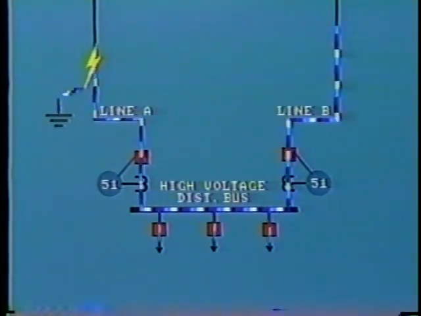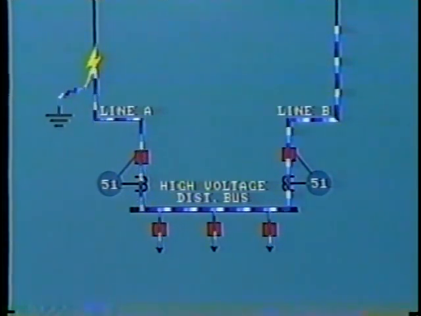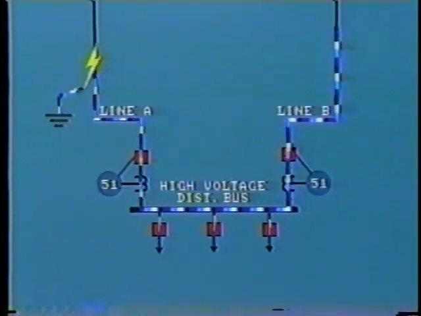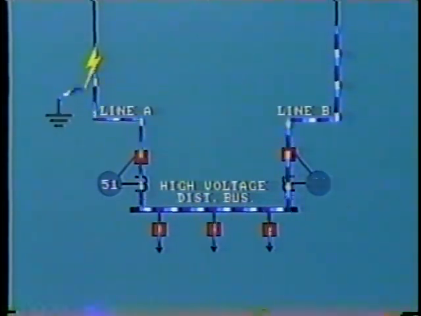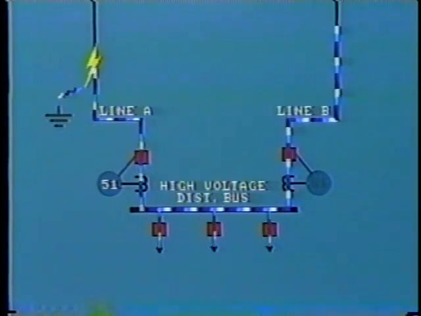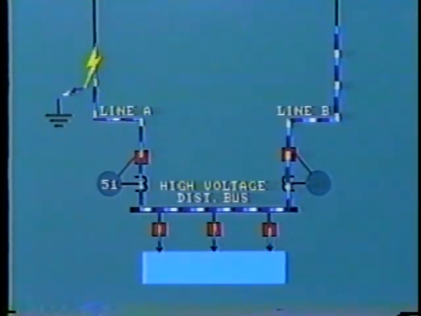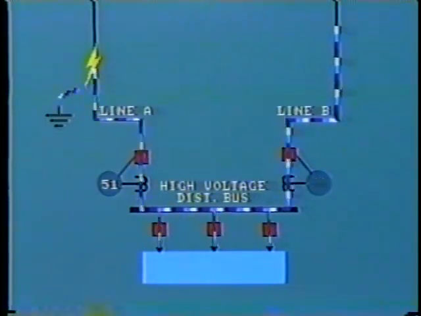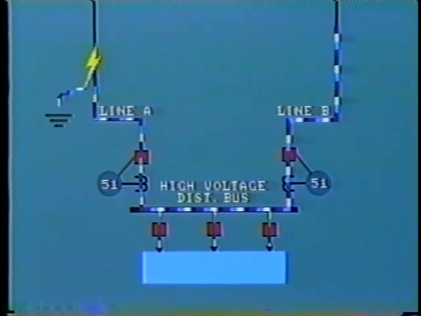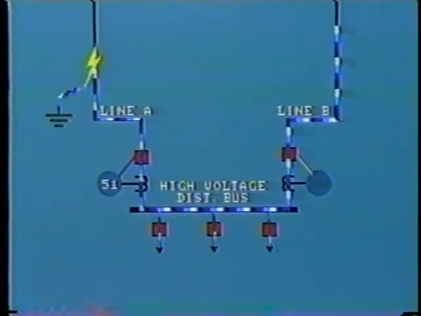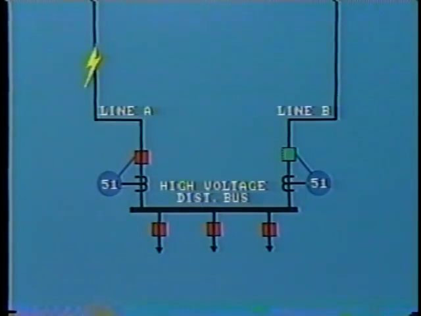But the current in line B has also increased to feed the fault. Therefore, its own overcurrent relay will also sense the high-level current and commence the tripping process. In fact, line B is also feeding the distribution load and therefore passes greater current than A. If the B relay trips out line B, the substation is left without any power supply at all.